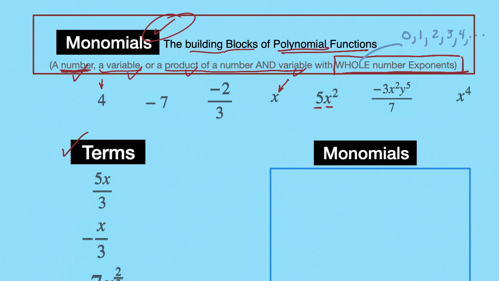And so our exponents have to be that in our terms in order for them to qualify as monomials, the building blocks of these polynomials. Okay, so monomials, mono meaning one, you take one of these monomials, you add it to another one, and you get polynomials, many monomials put together.